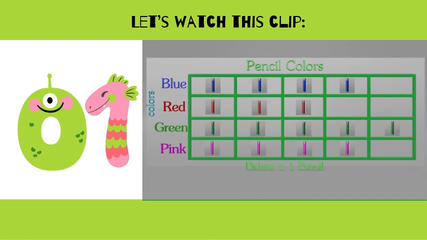Are there more blue pencils than green? If we look at the picture graph, we can see that the answer is no. There are more green pencils than blue. We can tell that by seeing more green pictures than blue. Now, can you tell me which color has the least amount of pencils?